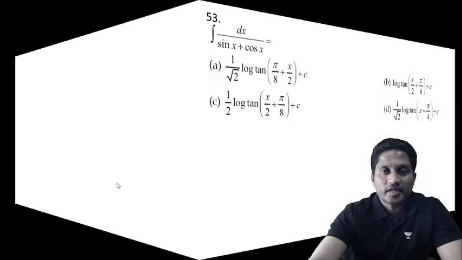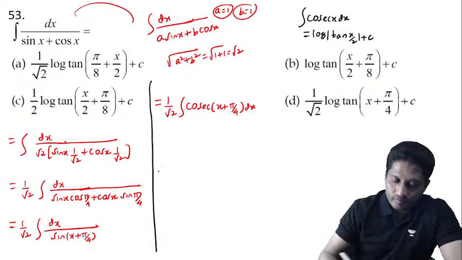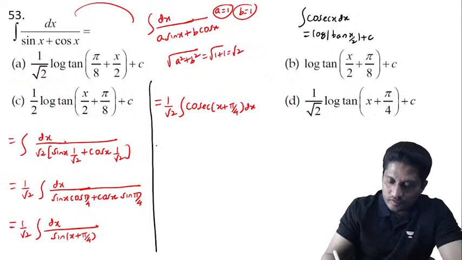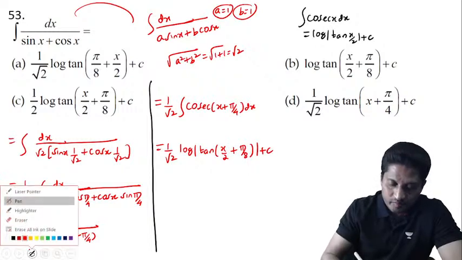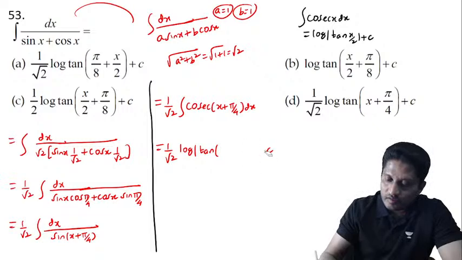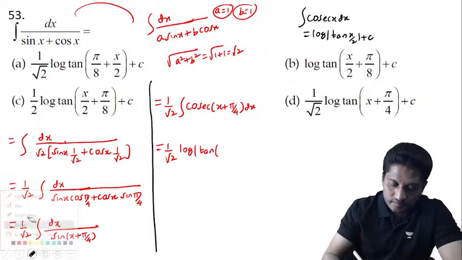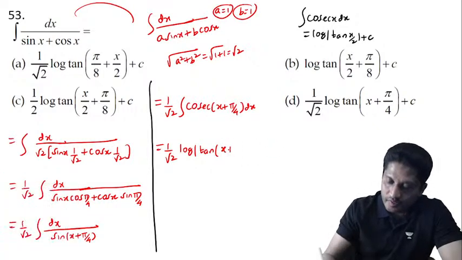If I use this formula, guys, integration of cosec x is log tan x by 2. So this is 1 upon root 2 log tan of x by 2, which here is log tan of x plus pi by 4, whole divided by 2, and plus c.